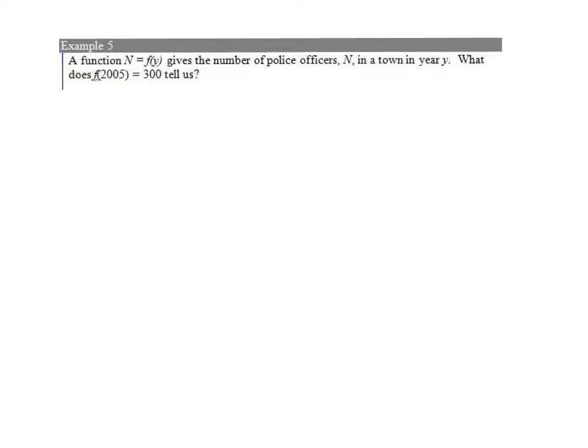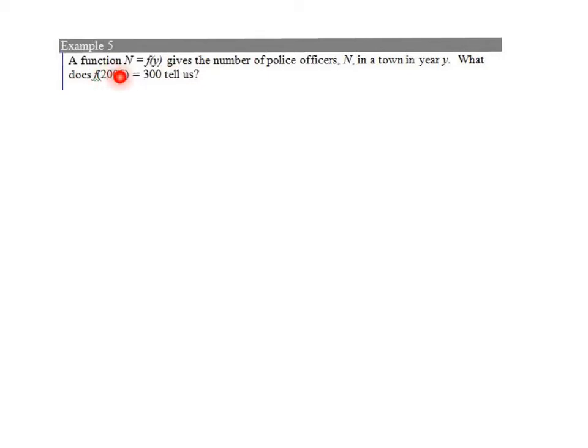So these are some notes in the video to help you through some of this section. And this first example talks about, let's see, we got to talk about what all these variables mean. So N is the number of police officers in a town, and Y is the year. So what does this tell us?